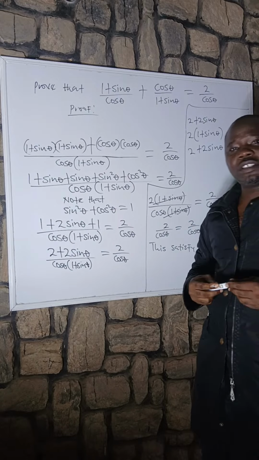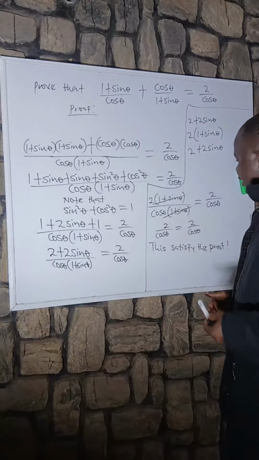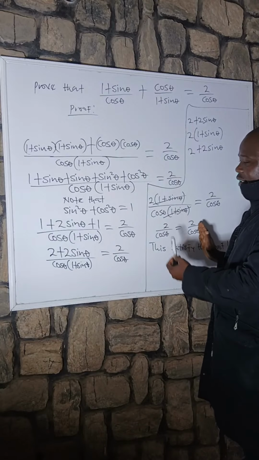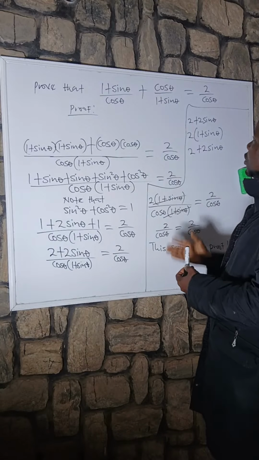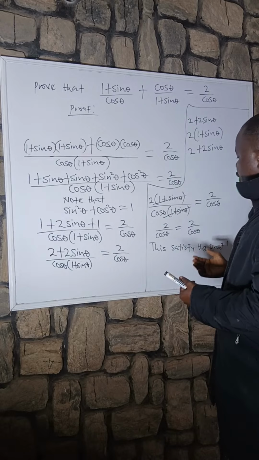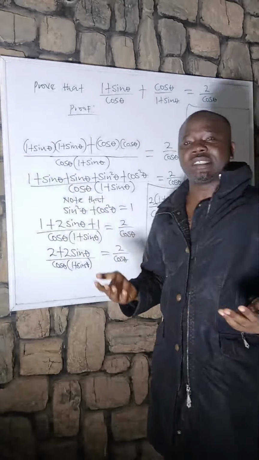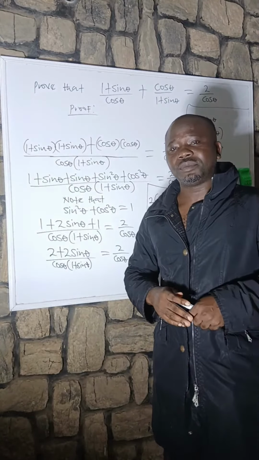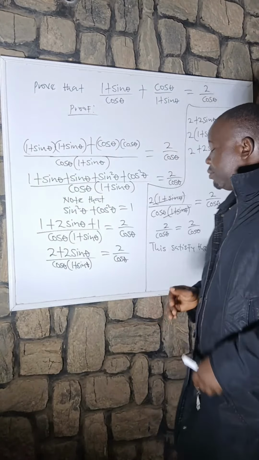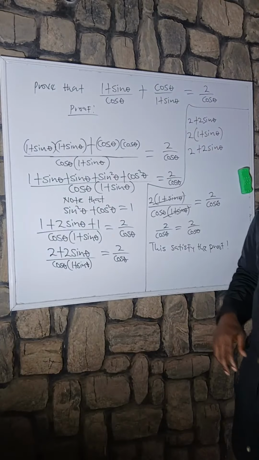Is that clear? I'm just trying to play around so that at the end of the day, we are going to have the right hand side. What they want you to show is that, at the end of the day, both the left hand side and the right hand side are equal. That is what we are trying to do.